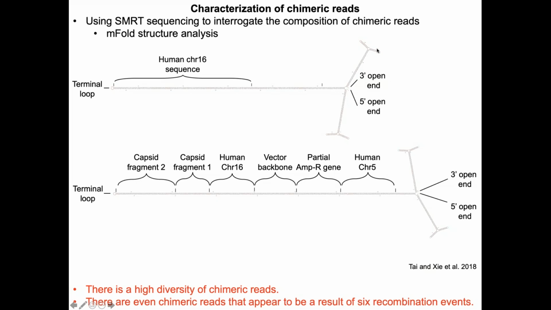So not only are these going to persist in the cell, but if they end up packaging large sequences that encompass either promoter sequences or full open reading frames, then this may pose a safety concern.